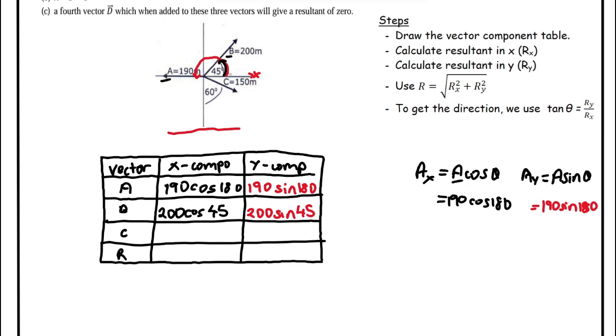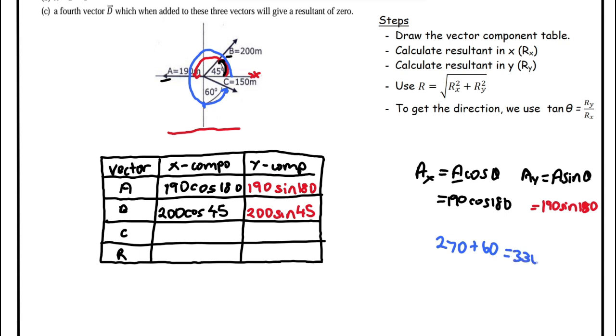Lastly, for C, we go all the way like that. That's our vector C. Now this is from here all the way up to this part. That's 270, and we have 60 between that, so plus 60, that gives us 330.